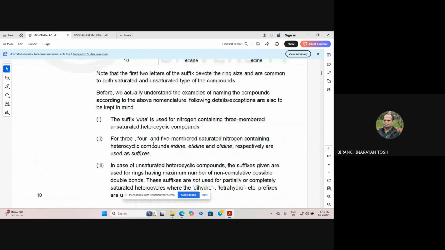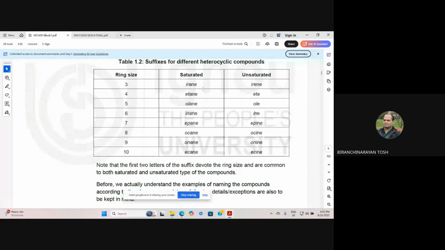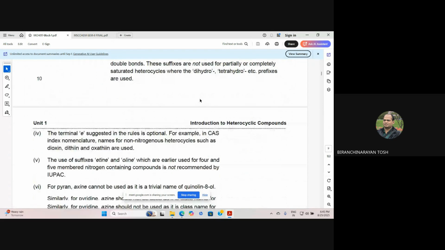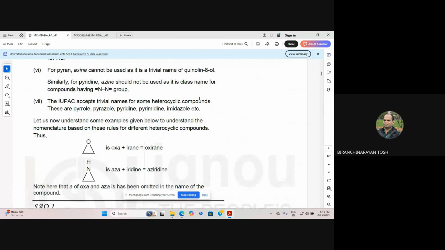You can go to the table, you can see for three-membered ring it is -irene. But if nitrogen is there, then it is -iridine, I-R-I-D-I-N-E. So azairidine, A will be removed. So it is aziridine.